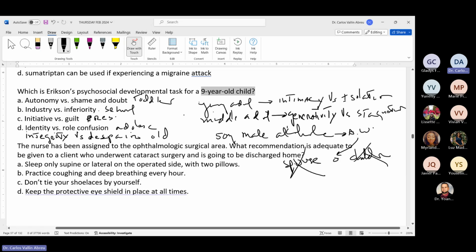In which stage is this scenario? It is the way that NCLEX made the question. Okay, 50 years is a middle age adult, which should be between generativity versus stagnation.